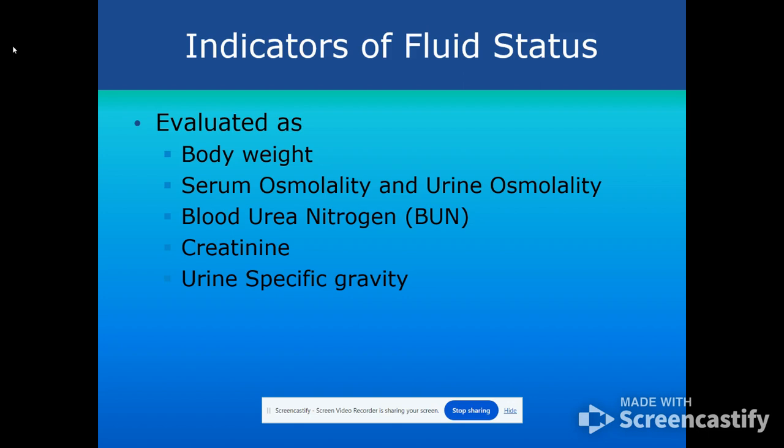Typically, if you have a patient who has some kind of disorder that's causing either too much fluid loss or too much holding on to fluid, they can draw the patient's urine osmolality and their blood osmolality at the same time, and based on the numbers it will determine if the patient is high or low, whether they're holding on to too much fluid or getting rid of too much fluid.